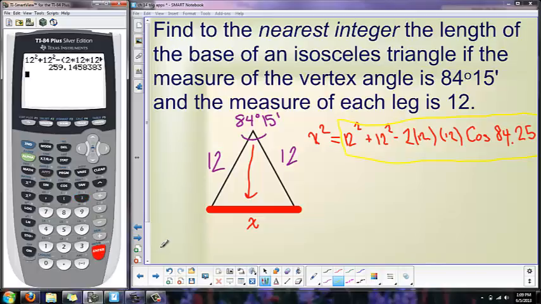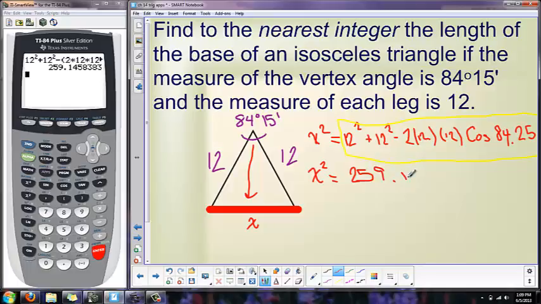And hit enter. Okay, so x squared is equal to 259.145, blah, blah, blah.